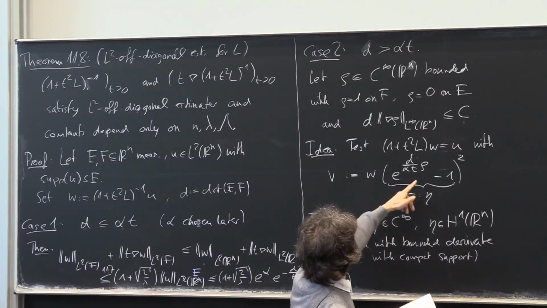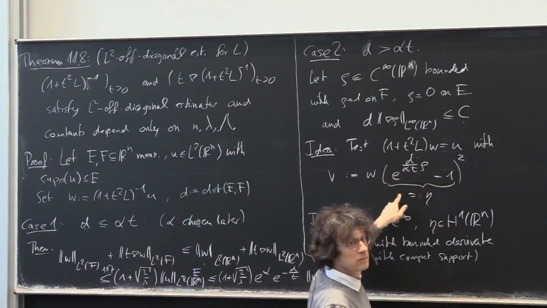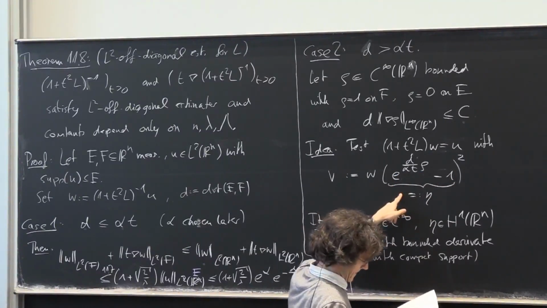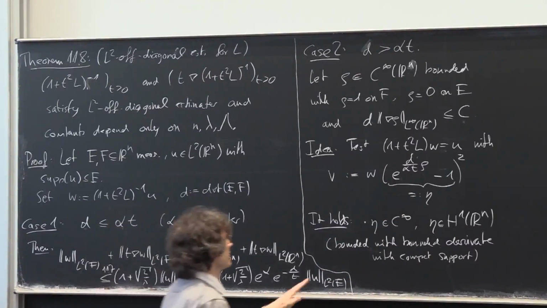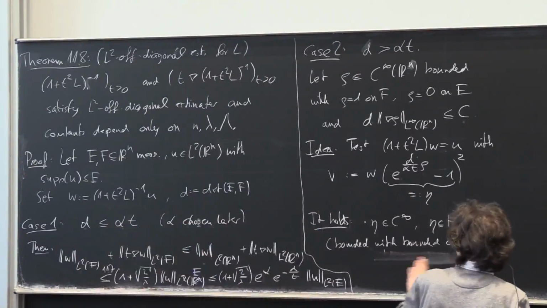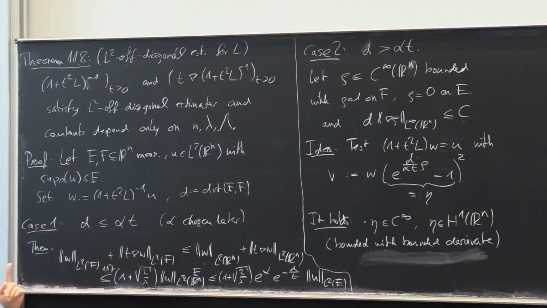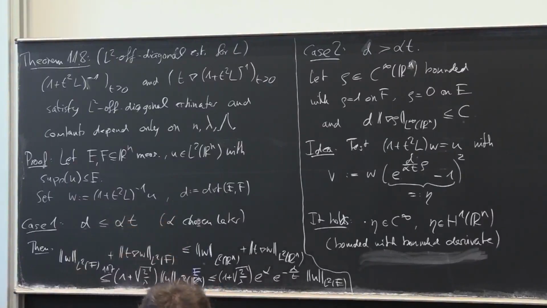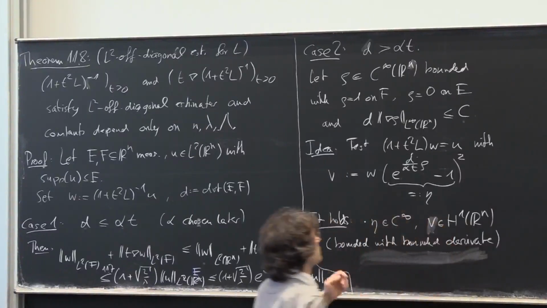Function eta. Whenever the rho is 0, this function is 0. So, it's not the eta in H1, it's the V in H1.